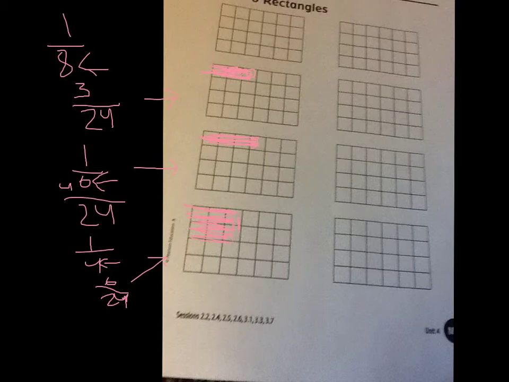Now, if these steps are hard for you, and you don't really get what I'm doing here, you can kind of see what's happening. With 1/8, you can tell that if we divide this up into 8 sections, one of them is filled, so that's 1/8.